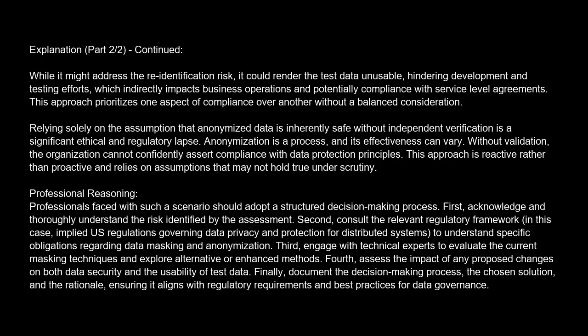Third, engage with technical experts to evaluate the current masking techniques and explore alternative or enhanced methods. Fourth, assess the impact of any proposed changes on both data security and the usability of test data. Finally, document the decision-making process, the chosen solution, and the rationale, ensuring it aligns with regulatory requirements and best practices for data governance.